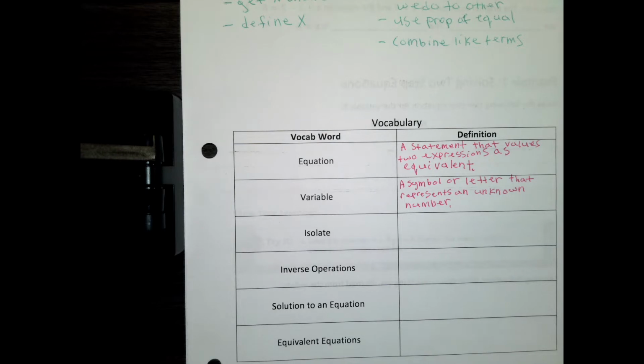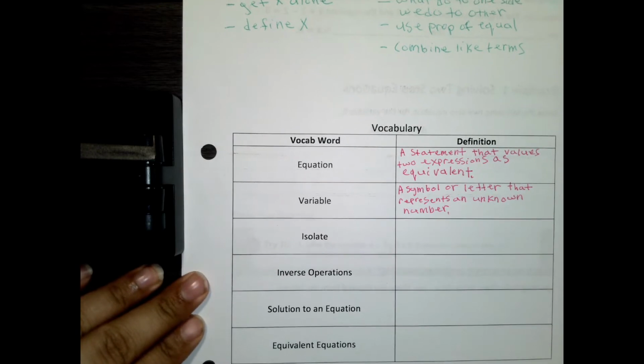What does it mean to isolate? Well, we're going to use both the properties of equality and inverses to get the variable on one side of the equation.